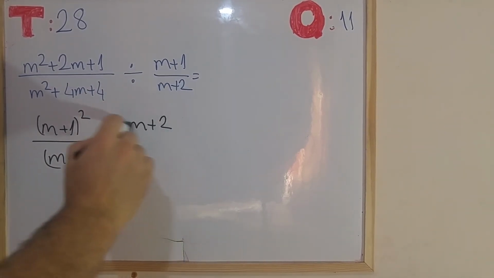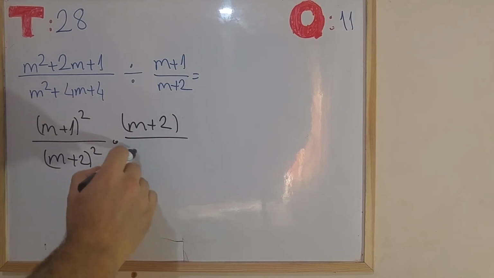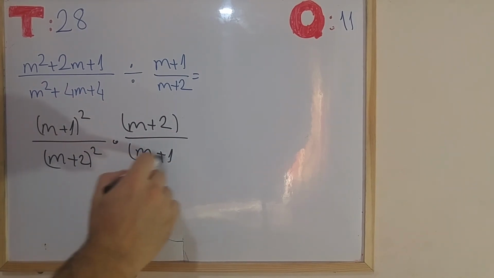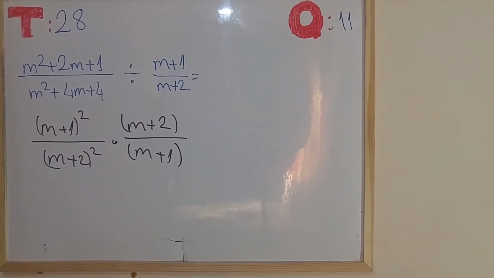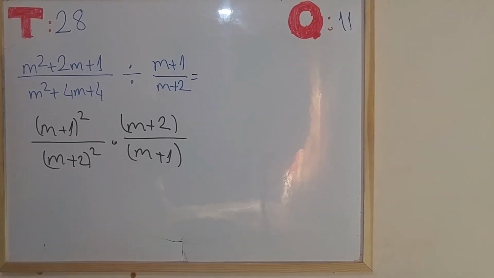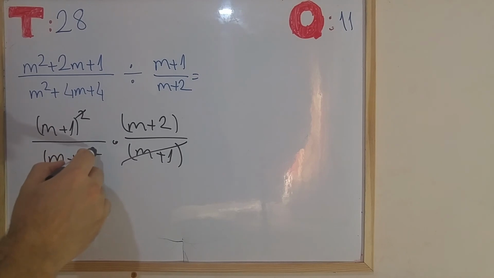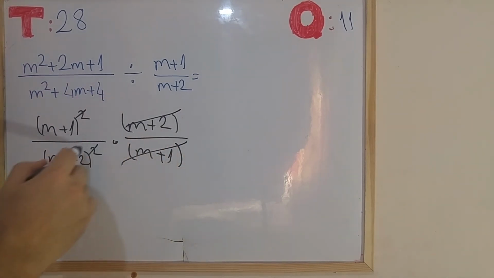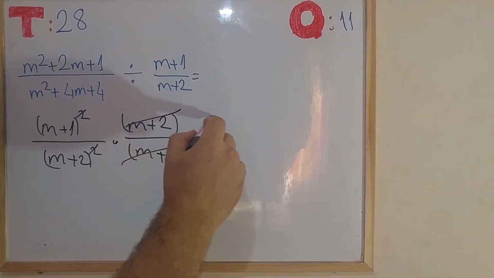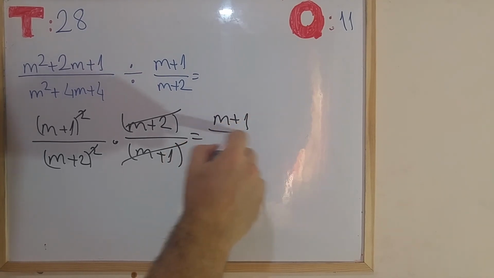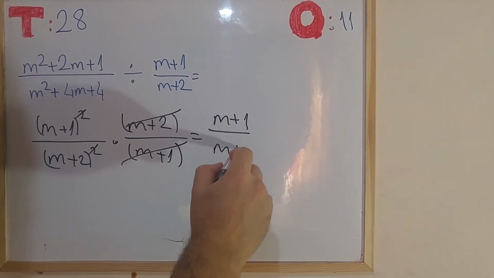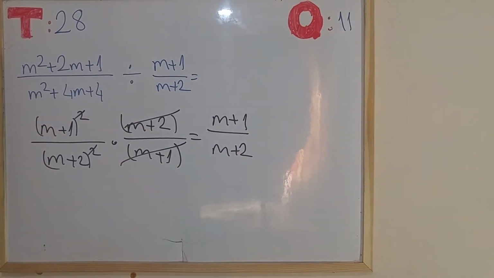M plus 2, sorry, will be up here. And m plus 1 will be down here. And now let's simplify them. M plus 1 gone, square gone, and m plus 2 gone, square gone. What I have is m plus 1 divided by m plus 2.